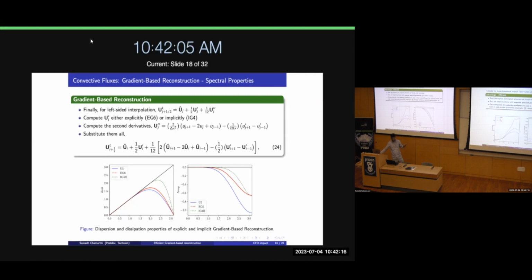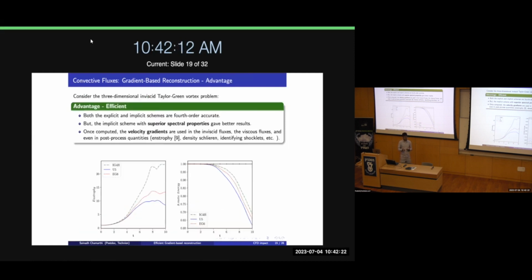Even though both the schemes are fourth order accurate, because one of them has a better dispersion property, it is giving much better results. That is one of the things that we wrote in our papers: you don't just have to worry about the order of accuracy, you have to have good spectral properties.